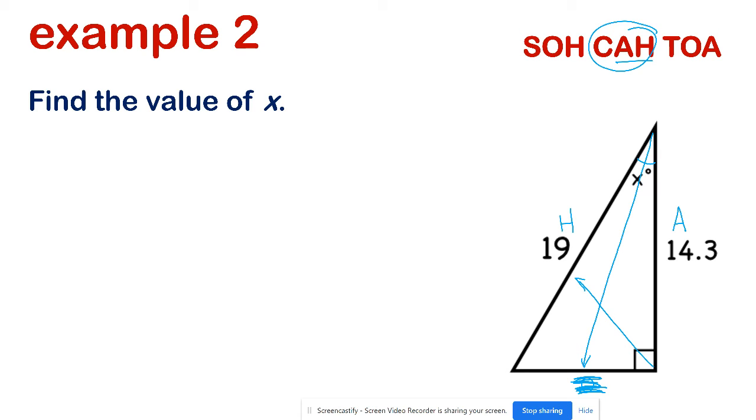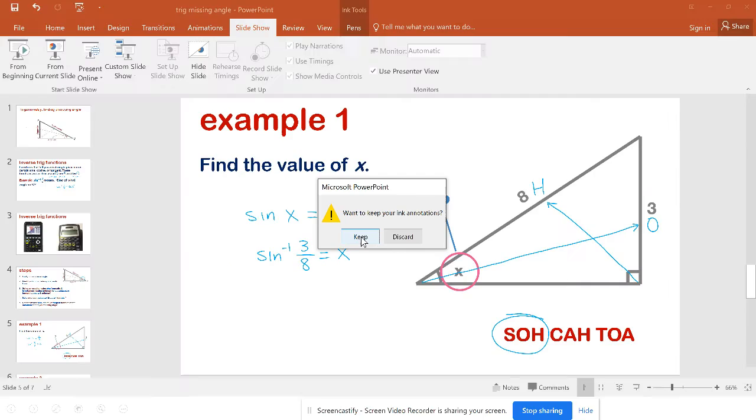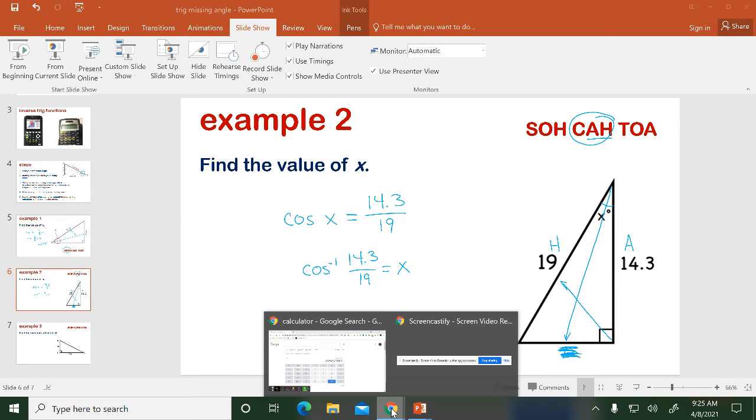So now I'm going to set up my equation. I'm going to say cosine of x, my missing angle, is equal to my adjacent, 14.3, over the hypotenuse, which is 19. And so now I'm going to do that as an inverse. I'm going to say inverse cosine of my fraction is equal to x, my missing angle. So now I go over to the calculator again, and I will do the inverse cosine of that fraction.